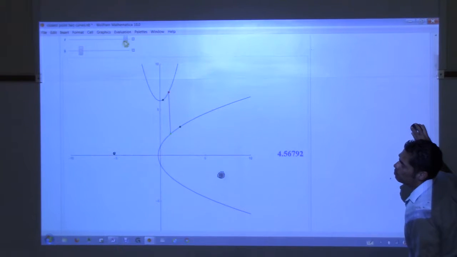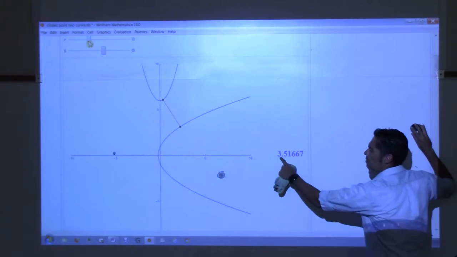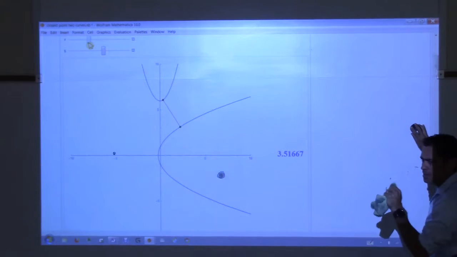I'm moving this red one around, and I can move this green one around. If you mess with it, you can see there's no way to get any smaller distance than about right here. Somewhere around 3.51 is as good as you can get.